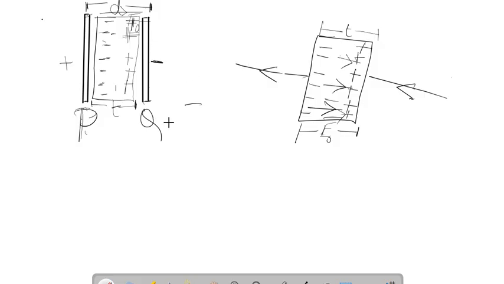Negative charges came near to the positive plate, and positive charges in the dielectric slab will come near to the negative plate. EP will be in the direction opposite to the electric field E naught, giving the reduced value of the electric field in the dielectric, that is E.